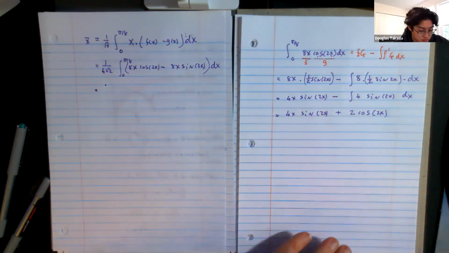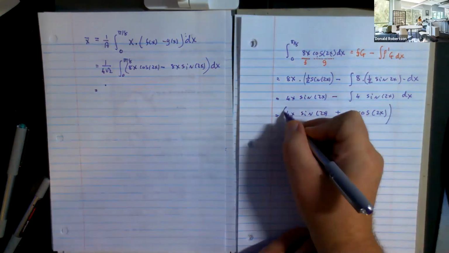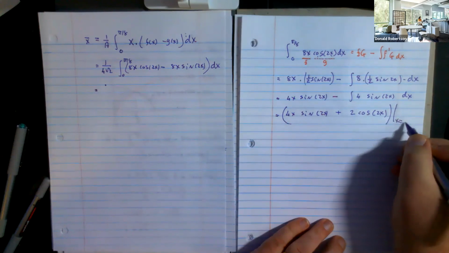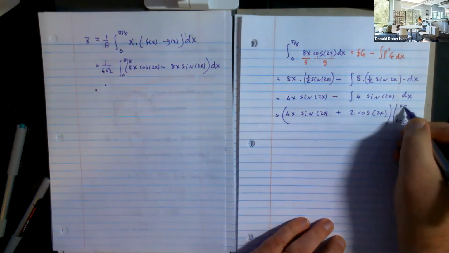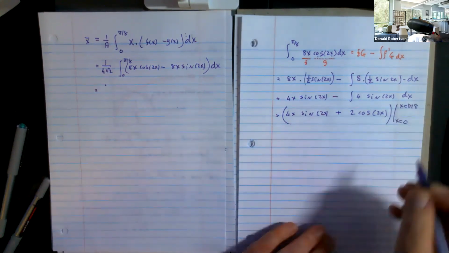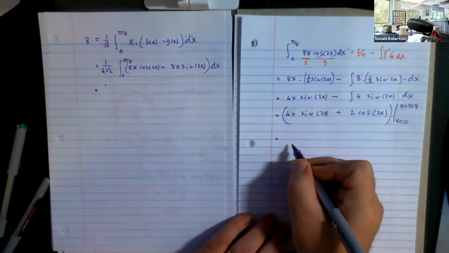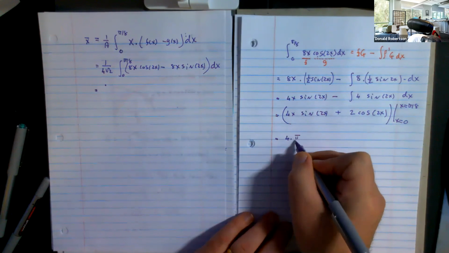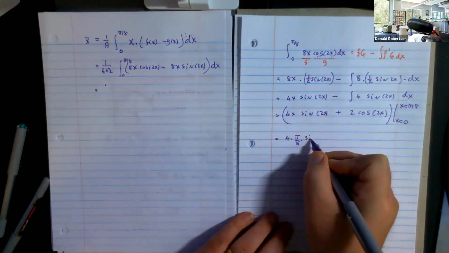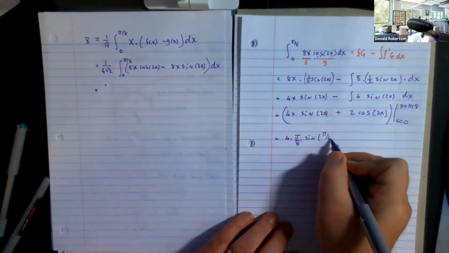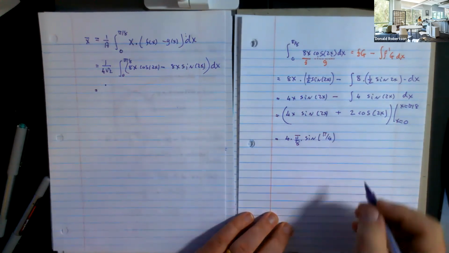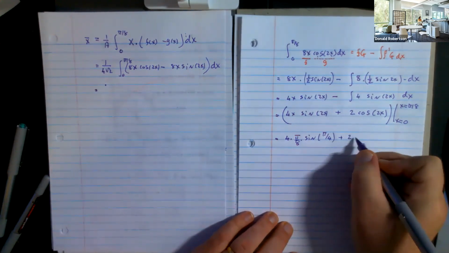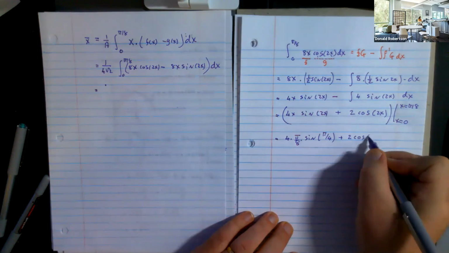Yeah. Right, and this whole package then can now be evaluated at 0 and at pi upon 8. So it's going to be 4 times pi upon 8 times the sine of a quarter pi, because that's what you get when you double pi upon 8, plus 2 lots of the cosine of pi upon 4.